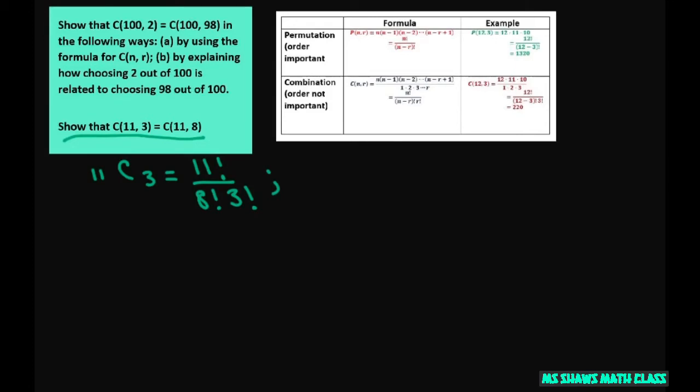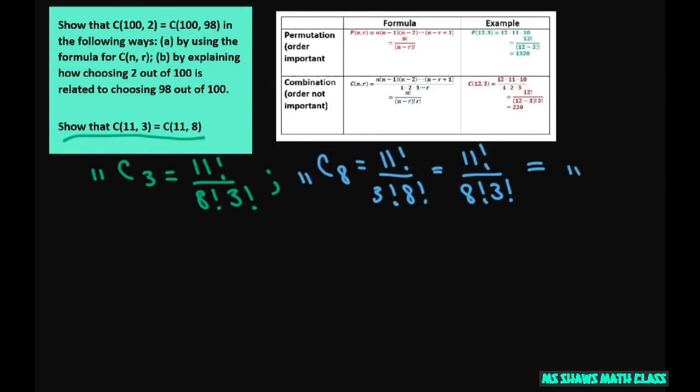Then we have 11 choose 8 equals 11 factorial divided by 3 factorial times 8 factorial. That's the same as 11 factorial divided by 8 factorial times 3 factorial, which equals 11 choose 3. So these two are the same.